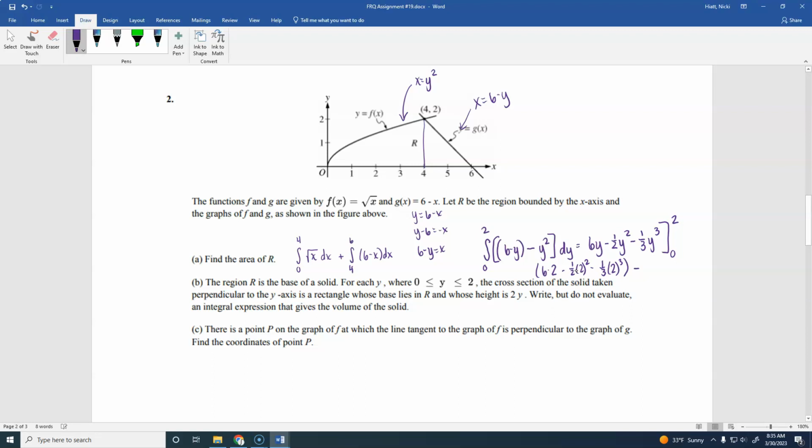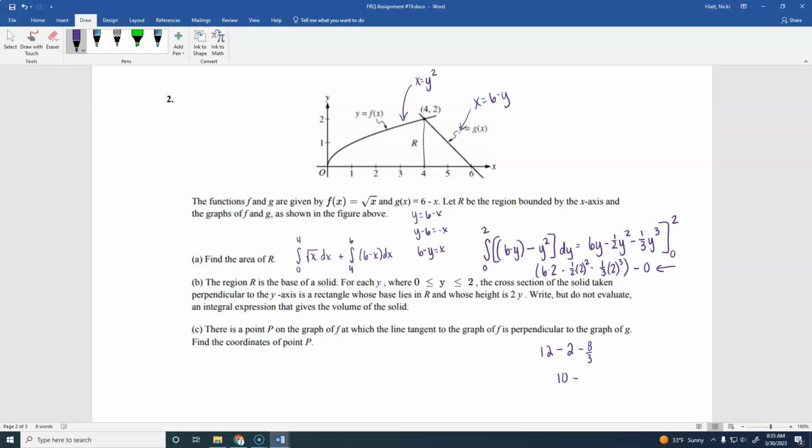When we plug in 0, we just get 0. So that is 12 minus 2 minus 8/3. Technically, you can stop here. I don't know if there's an advantage to simplifying all the way, other than I just don't like leaving it. On a real AP exam, I'd probably stop right here.